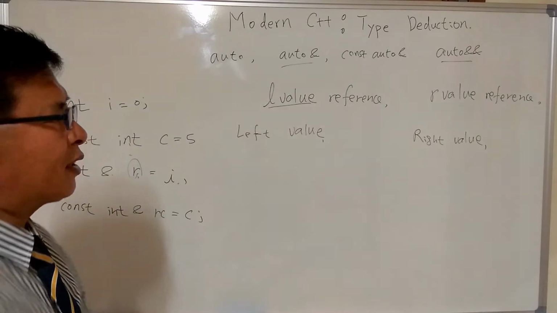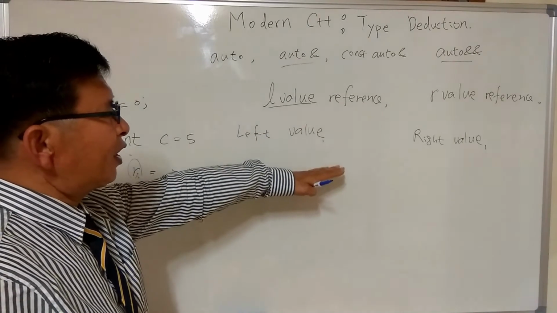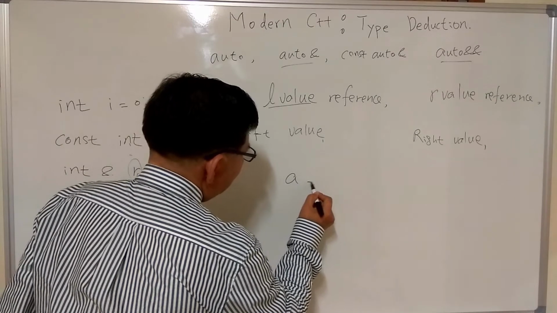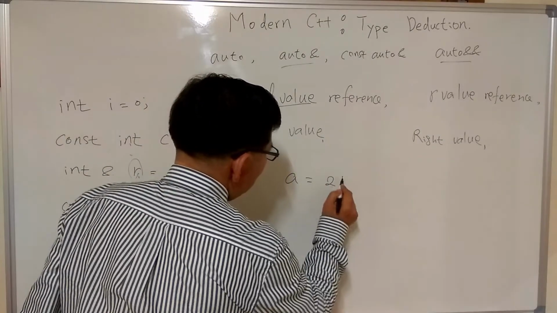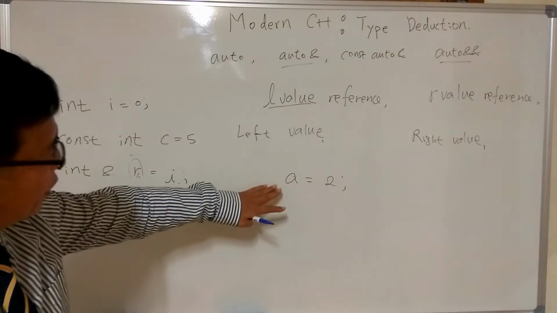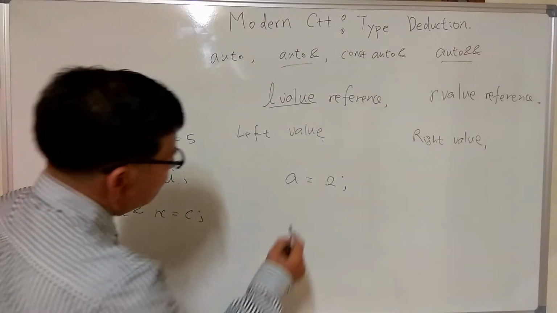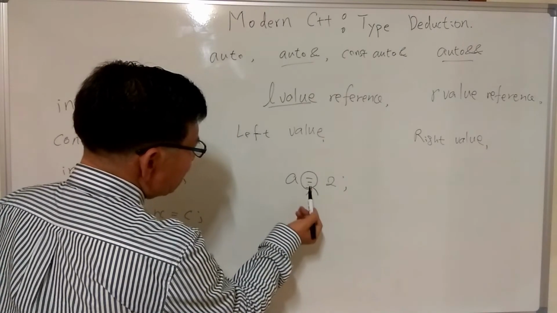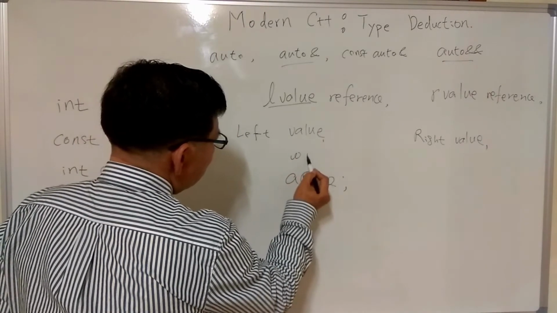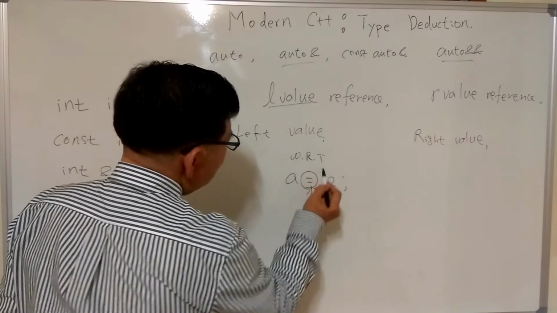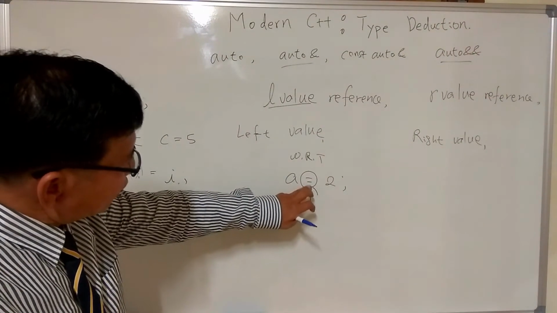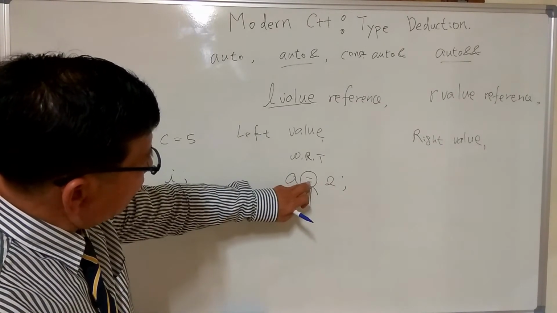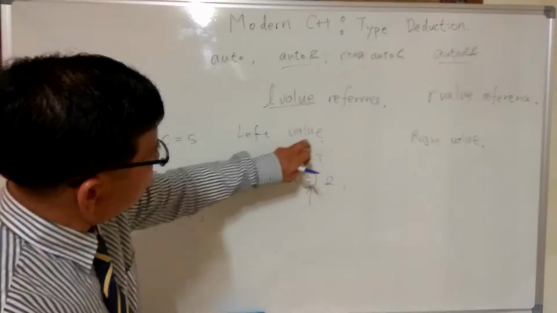In the old days, in traditional C language, left value means, for example, A equals 2. This is with respect to assignment. A is on the left hand side of the assignment, so it is called L value.